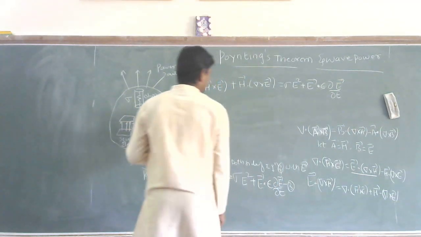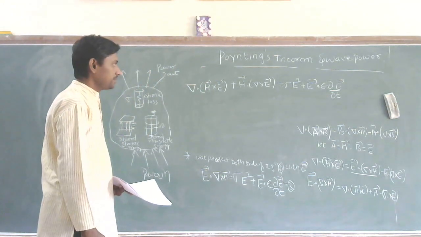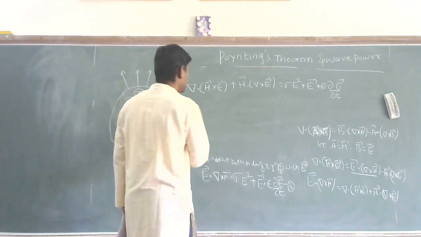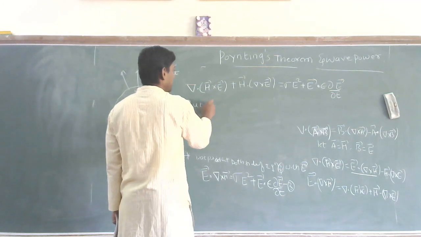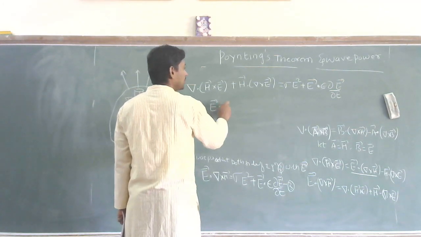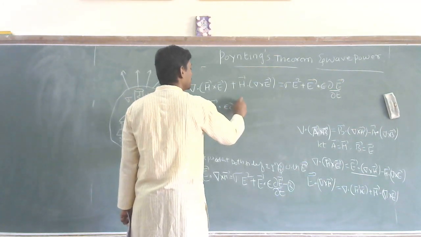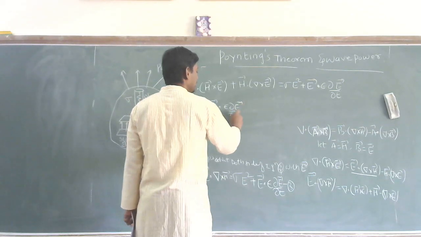This is quite a simple thing. There is one more fact I would like to simplify, that is E dot epsilon times dou E by dou t.